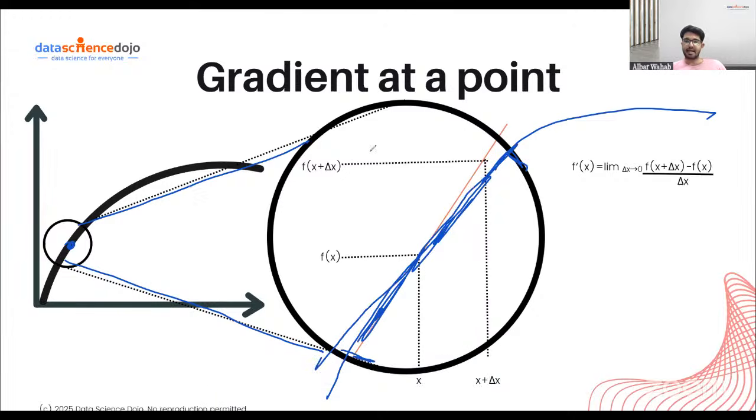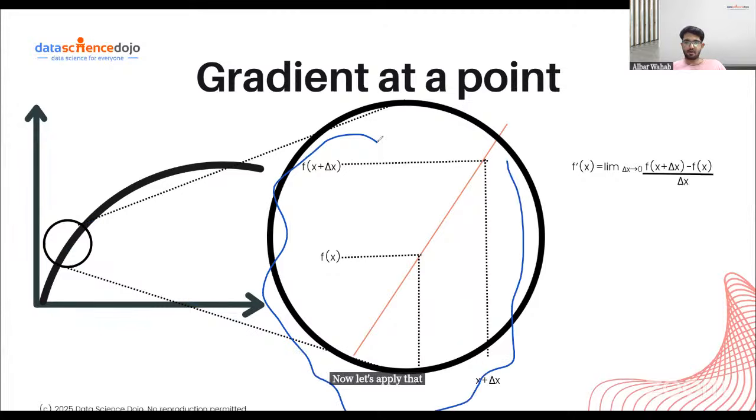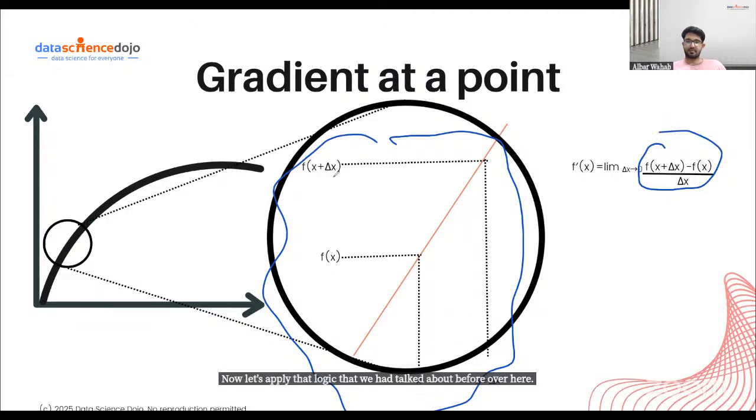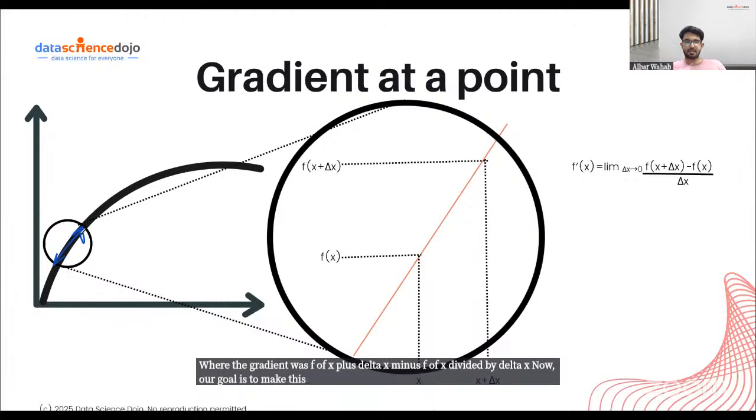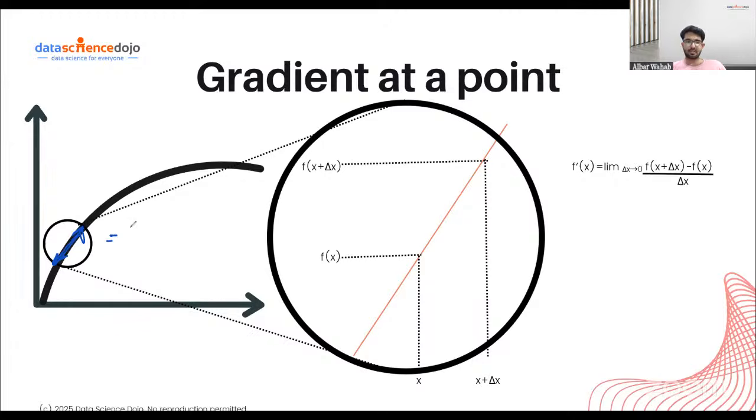Now let's apply that logic that we had talked about before over here, where the gradient was f of x plus delta x minus f of x divided by delta x. Now our goal is to make this distance as short as possible, to the point it approaches 0.